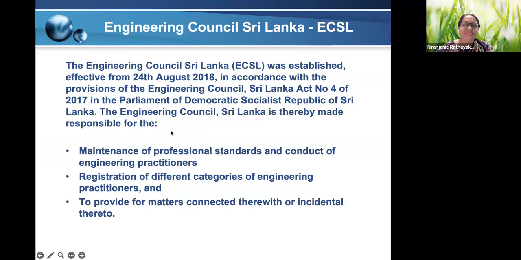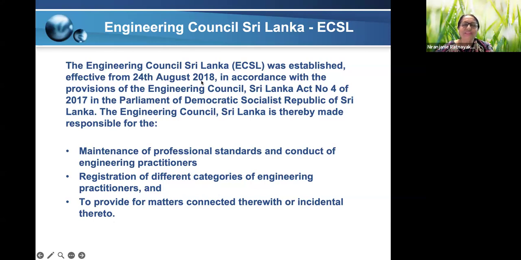These are the objectives of the Engineering Council: maintenance of professional standards and conduct of engineering practitioners, registration of different categories of engineering practitioners, and to provide for matters connected therewith or incidental thereto. I just took this directly from their website.